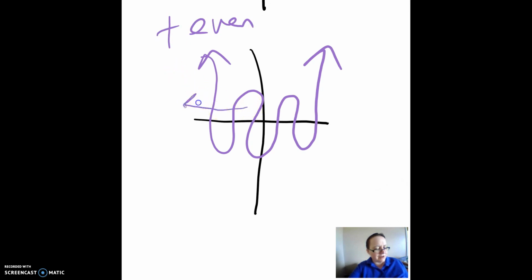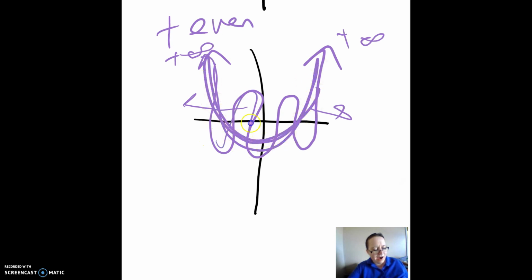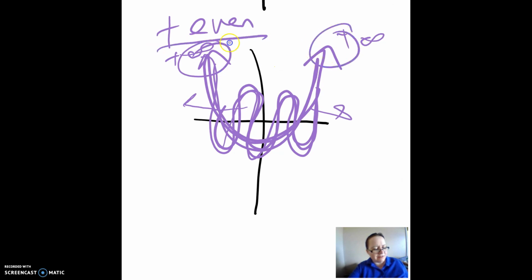Both times when I head off to forever, I'm heading off to positive infinity. Going up to positive infinity both times. Even smile. Woo! Doesn't matter how many ups and downs there are in the middle here. Doesn't matter at all.